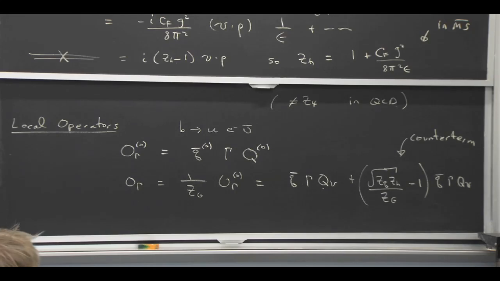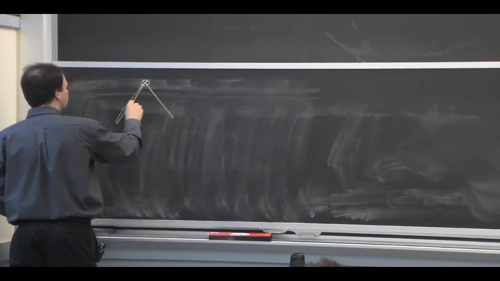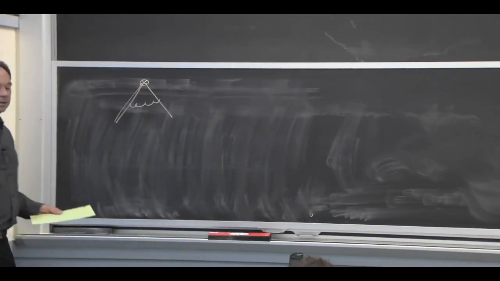OK, so to renormalize this operator at one loop, we insert it, and we do a one-loop diagram. I'm just going to tell you the answers. So let's draw the diagram. So here's the operator inserted. Here's your heavy quark. Here's your light quark. You have a diagram like that.